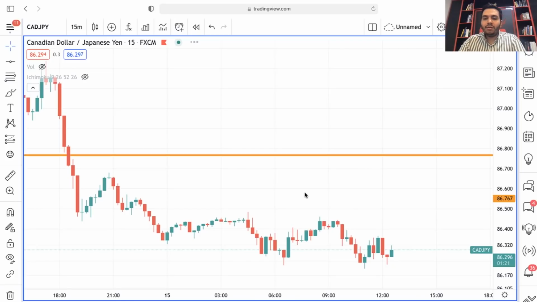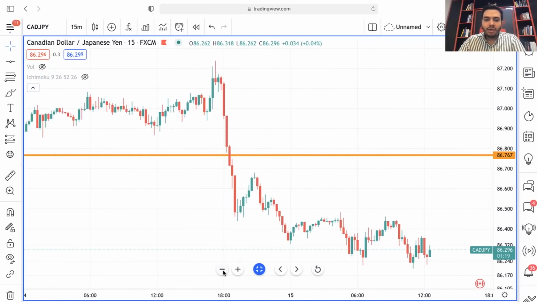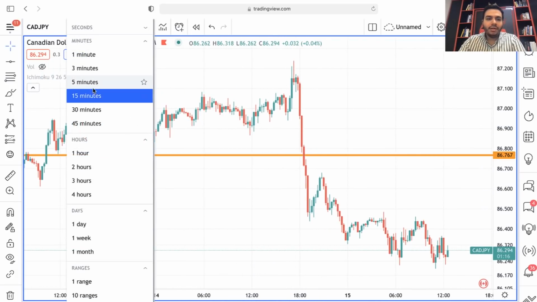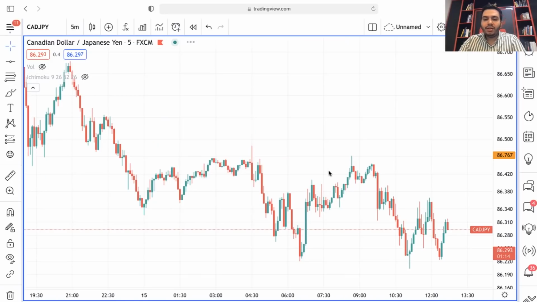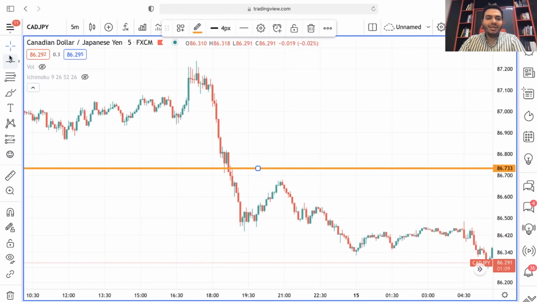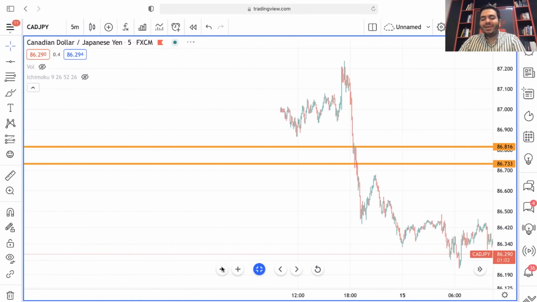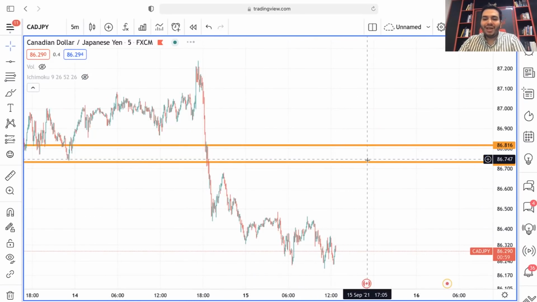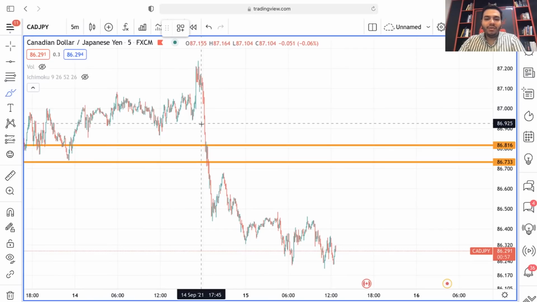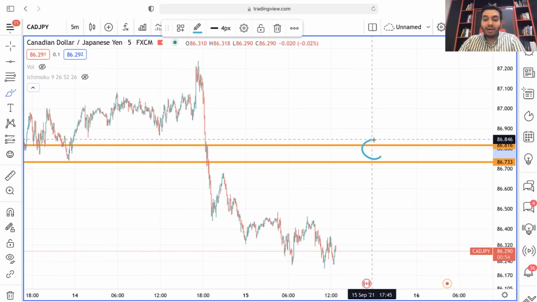For example, on the 15 minutes time frame, there are no signs of resistance. On the 5 minutes time frame, it's here, guys. When the price reaches this area, I expect the price to move down. I wait for some signals to enter a short position in the future.